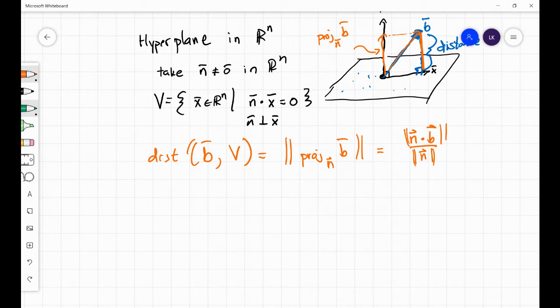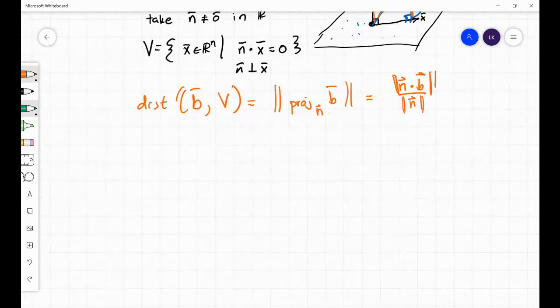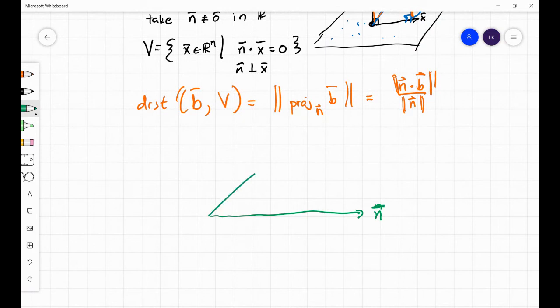or if you'd like, the geometry of it. You want to project vector B onto this normal.